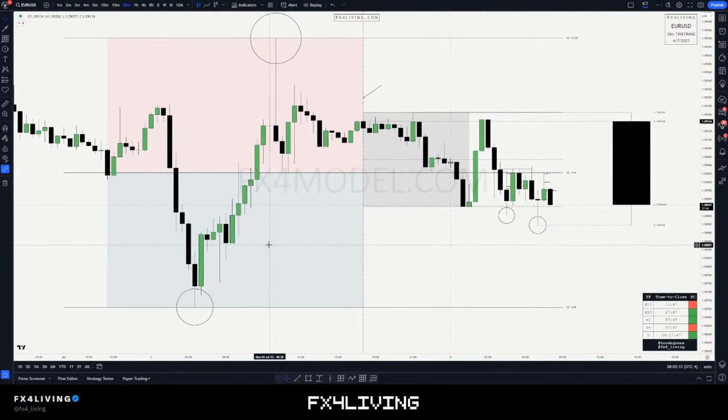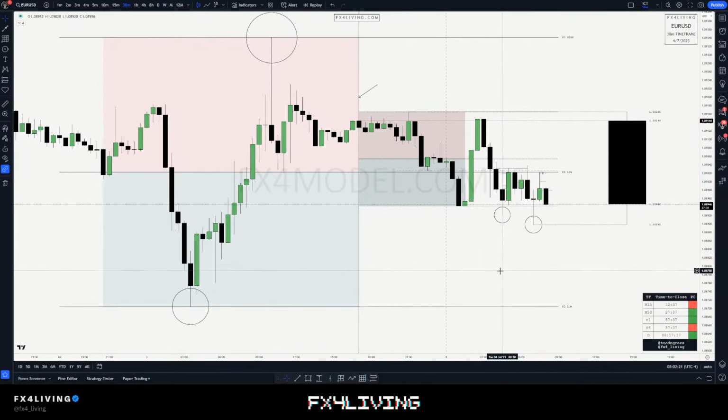So this is your premium and discount from the previous day. But also you have the 50% of this accumulation range. So what if the price does manipulation below this low, right? And price can reverse, you see that?